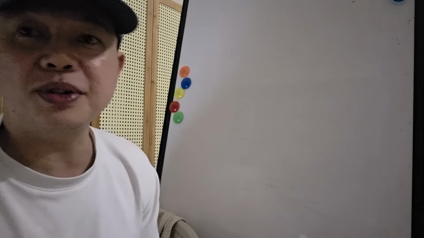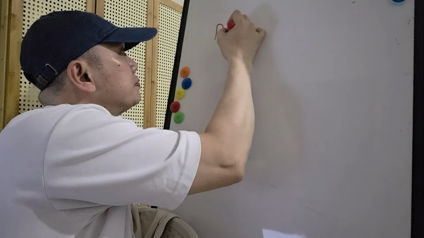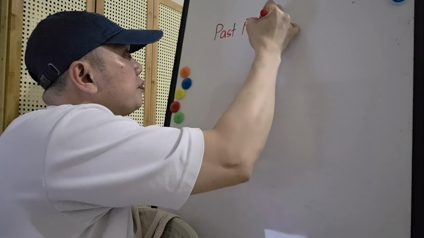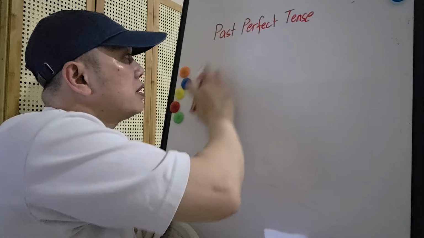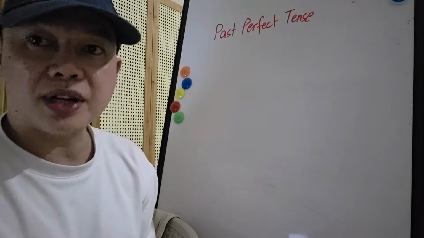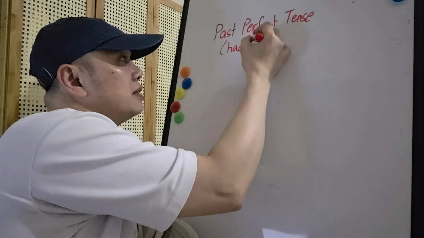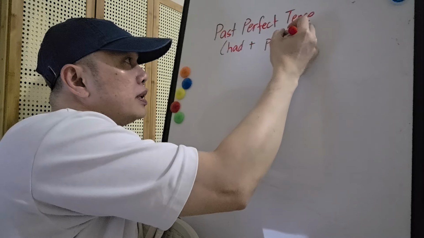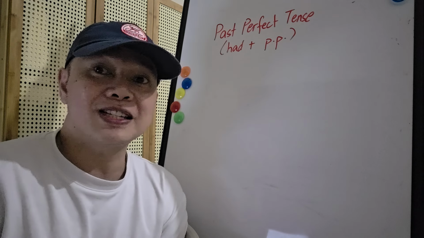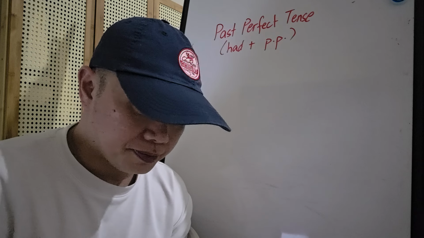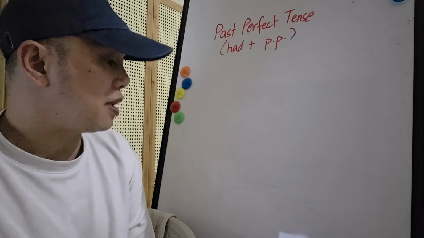Anyway, we're gonna talk about past perfect. Okay, so when we talk about tenses, it's usually customary to start with what form to use. That is had plus PP, short for past participle form of the verb, which in layman's terms they say verb three, amongst the three principal parts of the verb.